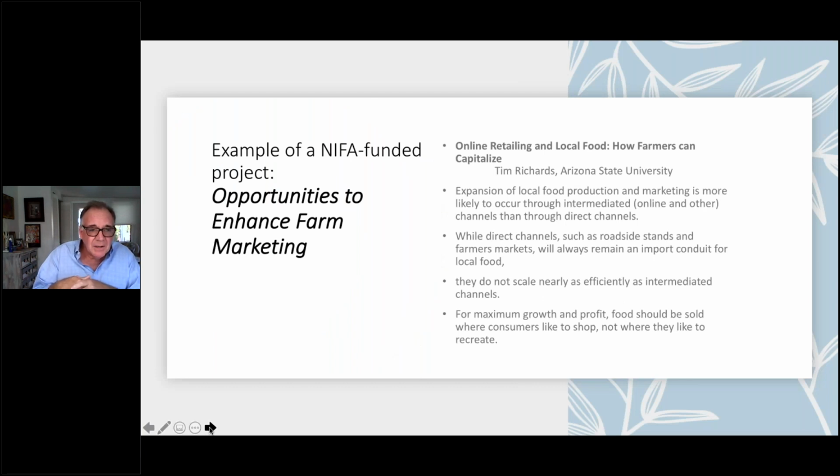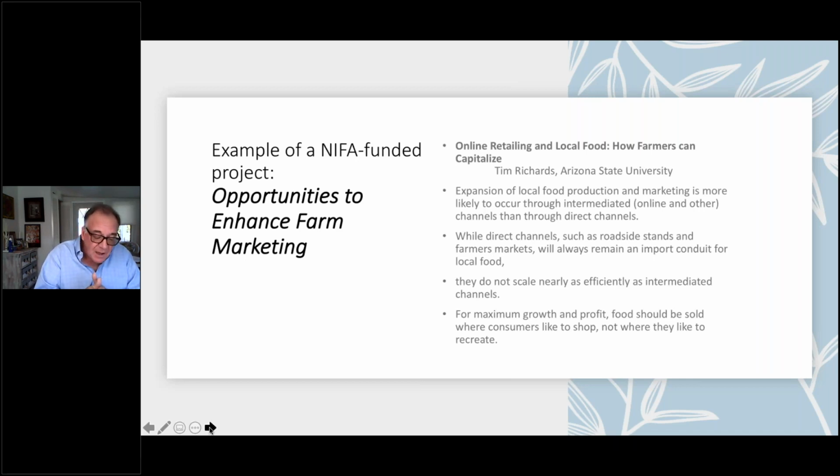This project is looking at Tim Richards from Arizona State. He looked at online retailing as a means of providing marketing opportunities for farmers, and juxtaposed that to the local food markets.